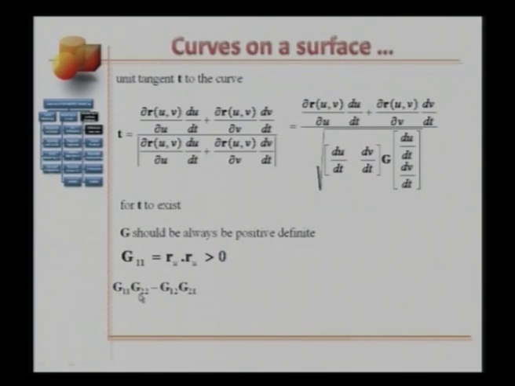In terms of its constituents, the determinant of G is Ru dotted with Ru times Rv dotted with Rv minus Ru dotted with Rv, squared.